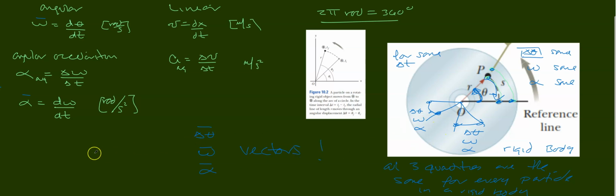Because it's not the same thing to be rotating in this direction or in this direction. This direction is positive and this direction is negative. If the rotation happens counterclockwise, we say positive. If the direction of rotation is clockwise, we say it is negative.